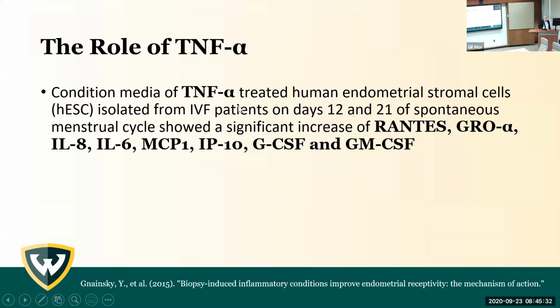To our surprise, the only cells that had an incredible response to TNF alpha were the endometrial stroma cells. They were producing a lot of additional pro-inflammatory cytokines, but also a lot of the chemokines that were discussed yesterday, such as GM-CSF, CSF, GRO-alpha, IL-6, MCP1, and so on. So TNF alpha, only in the stroma cells, was able to enhance the production of these chemokines.